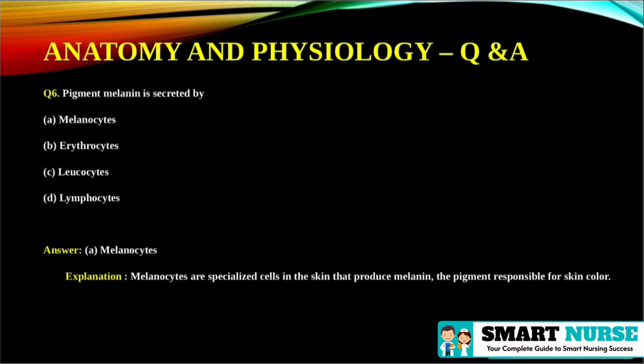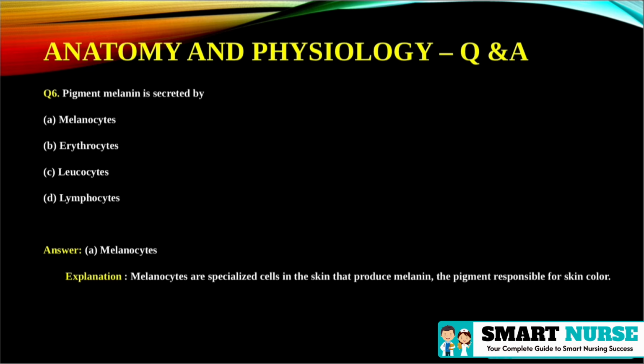Lymphocytes are a type of WBC critical to the immune system, produced in bone marrow and found in blood and lymph. So the exact answer is option A, melanocytes.